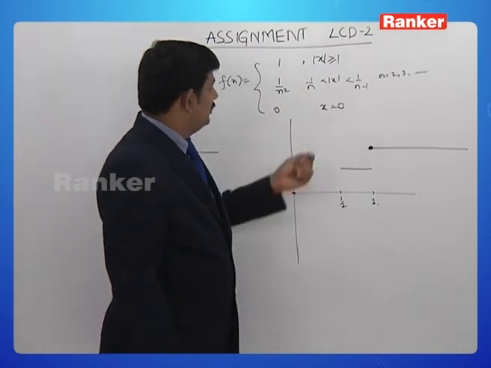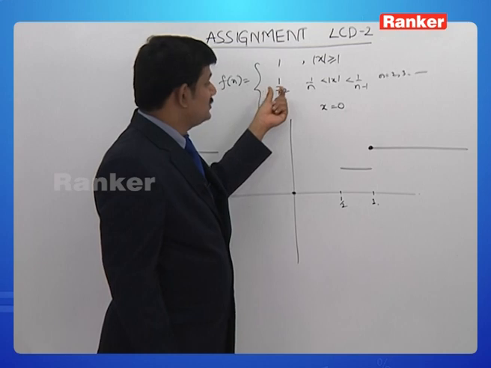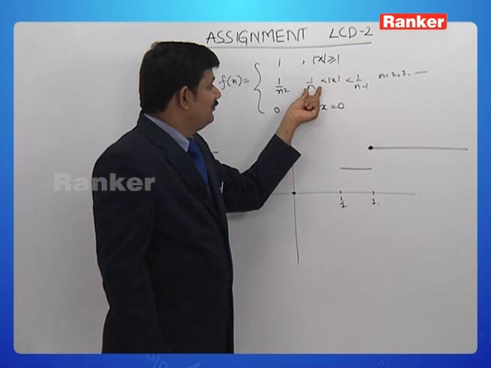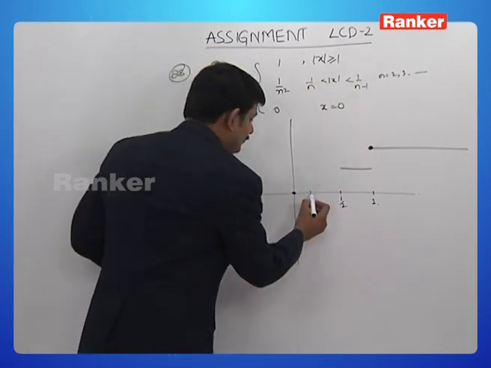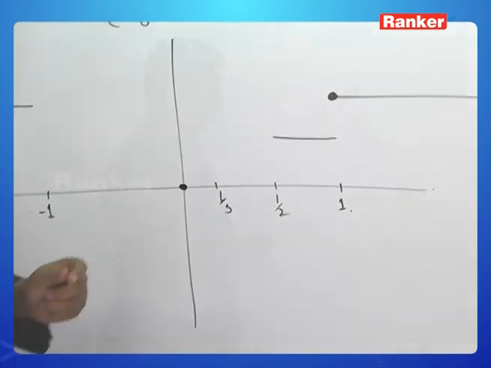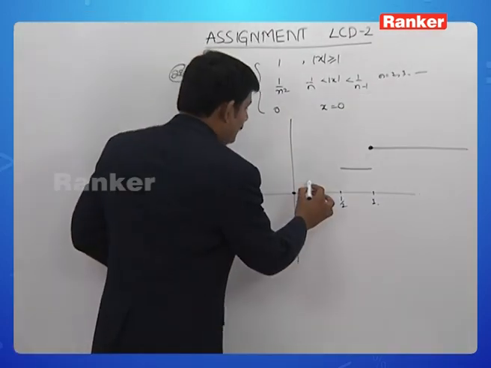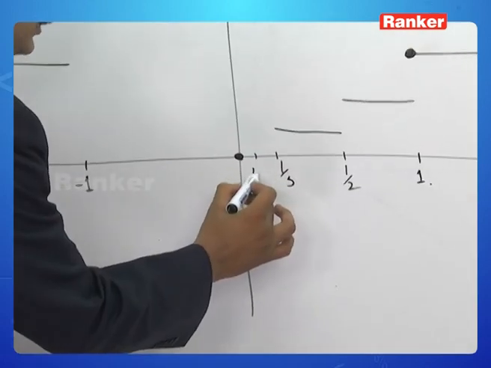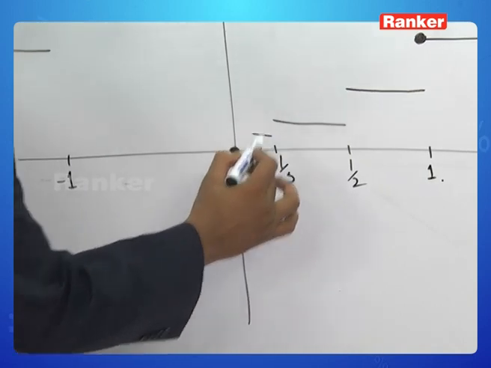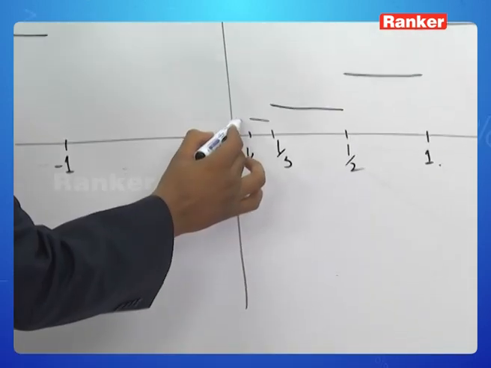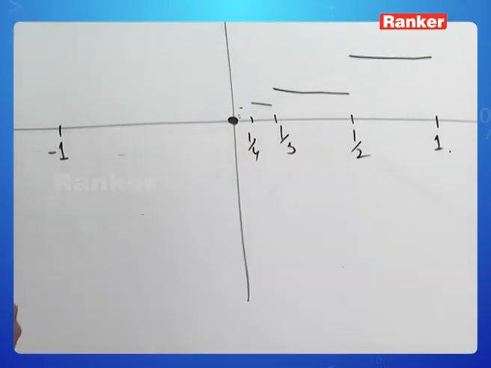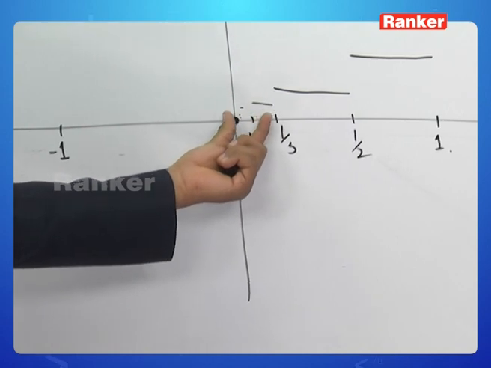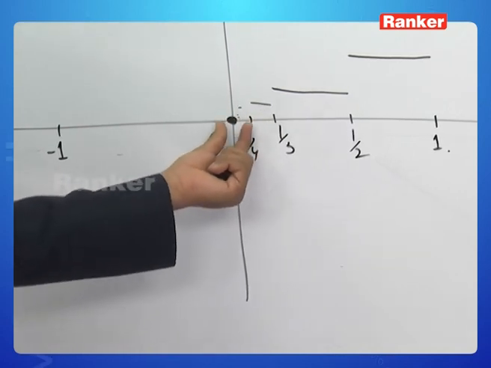Now, let us see what f of x is when n is 3. If mod x lies between 1 by 3 and 1 by 2, f of x is given by 1 by 9, which is a much smaller number. From 1 by 4 to 1 by 3, it will be 1 by 16. We will have diminishing line segments, diminishing in size, so it is difficult to plot the graph in the neighborhood of 0.